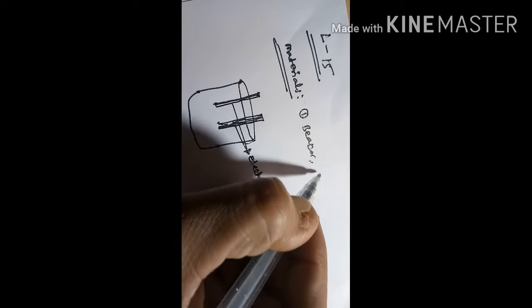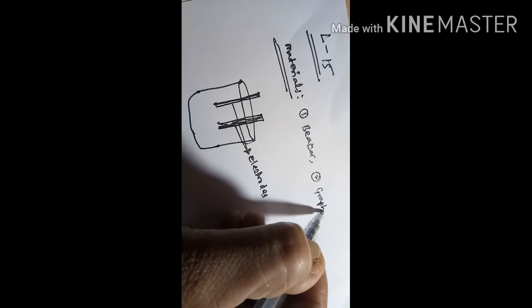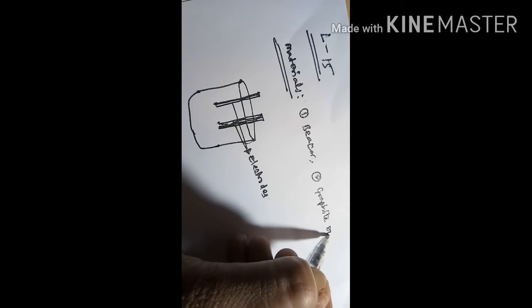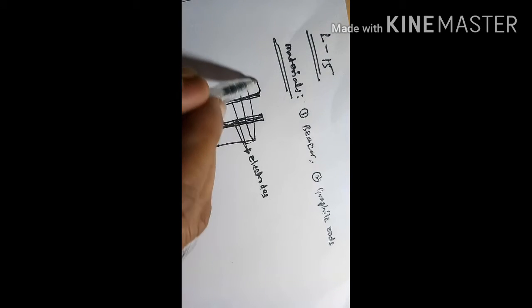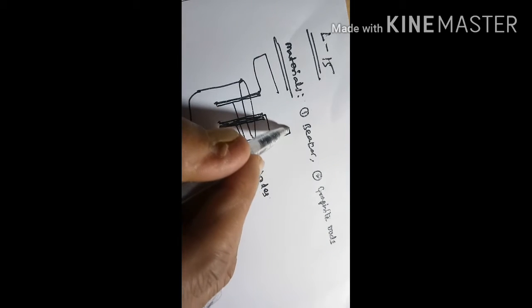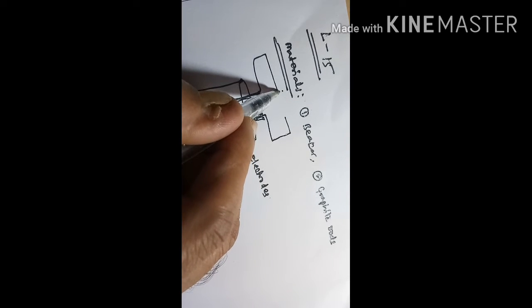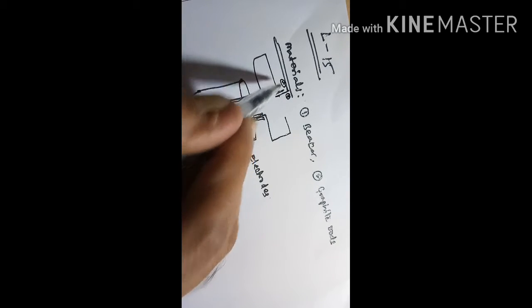Here two graphite rods are required. Next, wires are required to connect to an AC plug. Here we have an AC plug, or a battery. This is the plus symbol, this is the minus symbol.